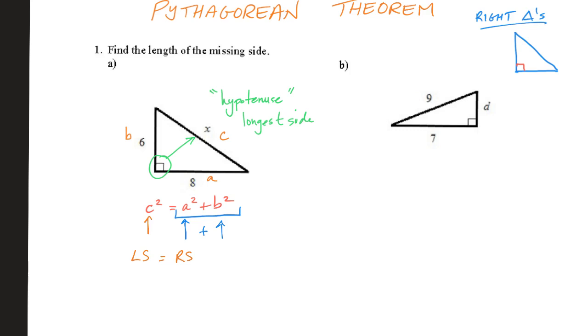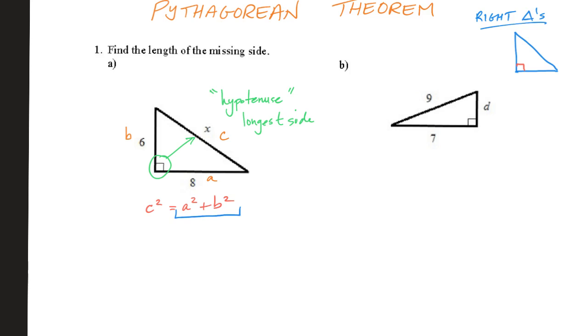Like, look at the right side of the equation. It says that if I square something and I add it to the square of something else, then it equals the square of a third thing. Well, the only way that that can be equal, be balanced, is if the left side, that c value, was the larger value. So we need to know then that every time we use Pythagorean Theorem, the side that is all by itself must be the longest side.